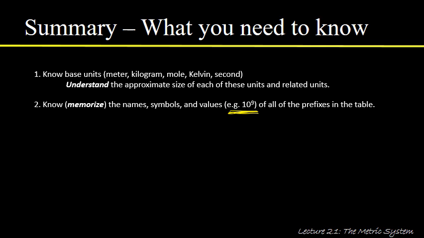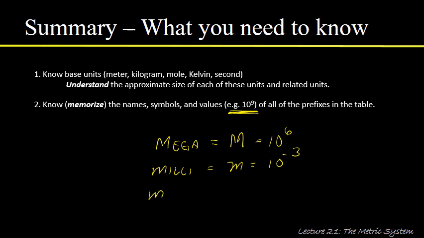In particular, the one that I mentioned before, which can be kind of tricky, mega is capital M, milli is lowercase m, and micro is mu, which is the Greek letter M. Right. I think most of the other prefix symbols all make pretty much perfect sense, right? They're all sort of phonetic.